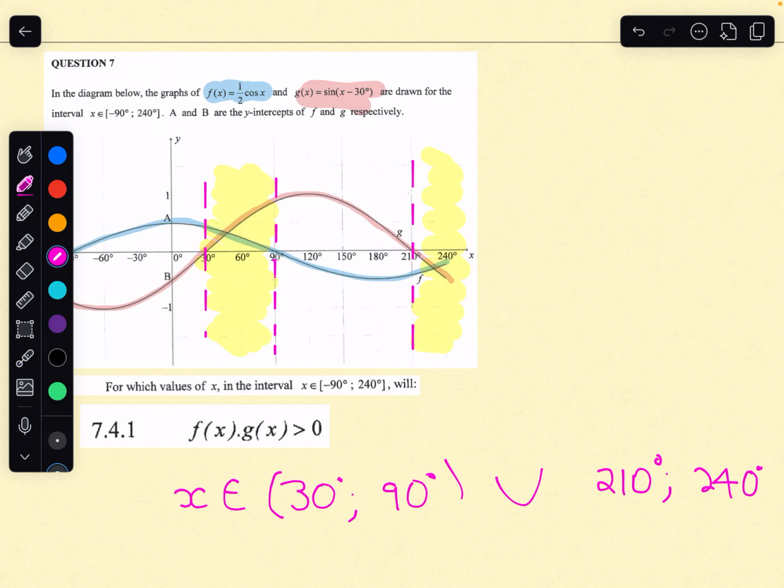So not what we want. If this had been including 0, then we would include those boundaries. So now let's look at 210 and 240. 210, same reason, we're not going to include it. However, 240, we are going to include because both of them are negative at that point. So our product will be something greater than 0.